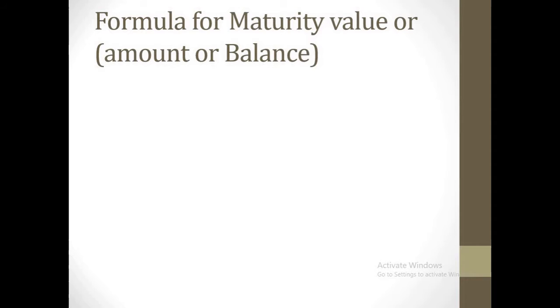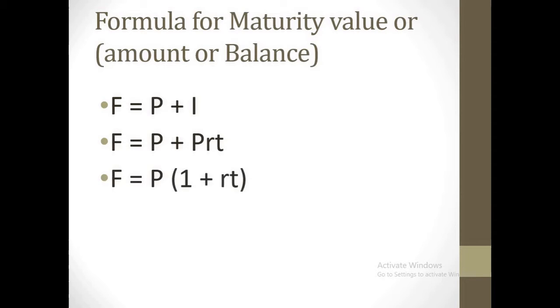Formula for maturity value or amount or balance. F is equal to the principal plus the interest. F is equal to P plus PRT. So we all know that PRT is the interest.